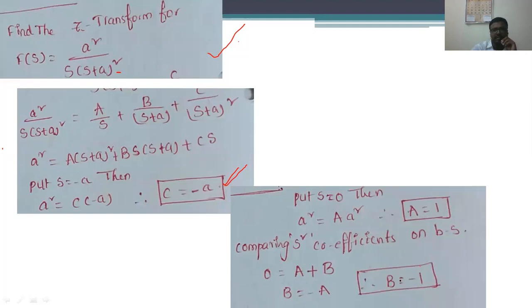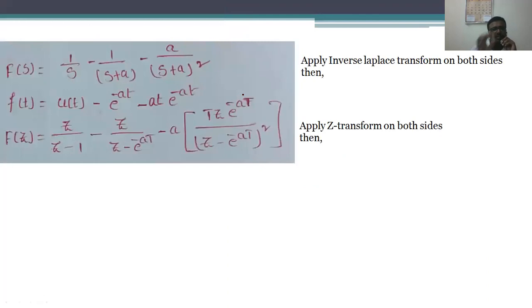Just substitute the A, B, C values in the partial fraction expansion. We get F(s) = 1/s - 1/(s + a) - a/(s + a)². Now convert that F(s) into f(t). For this conversion, we apply the inverse Laplace transform.